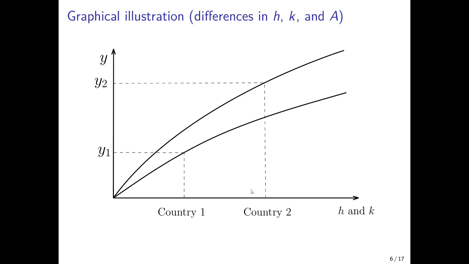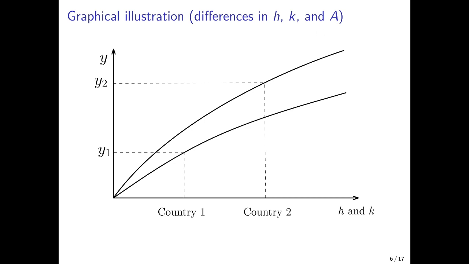So in this case, the income differences between country 1 and country 2 can be explained by the differences in the rival production factors H and K. That would be this distance here. From here to here, this part of income differences can be explained by different production factors. And the remaining difference from here to here can be explained by differences in productivity.